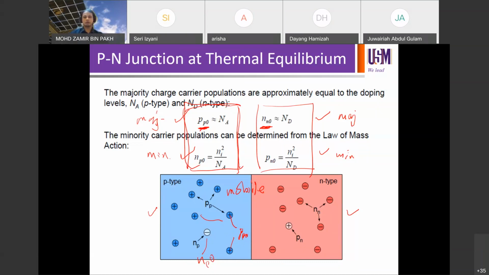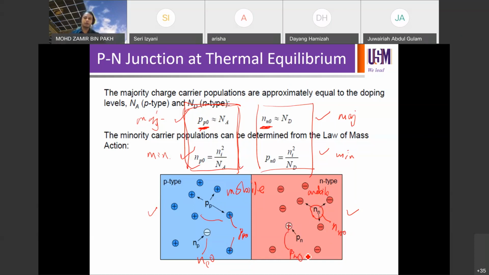So the same goes to the n-type material, where you can see a lot of electrons, so a lot of negative charges, mobile as well. So this will be the nn naught, the majority carriers as well. And this small number of minority, the positive mobile charges, will be the holes as the minority carriers in n-type, and that will give you the pn naught.